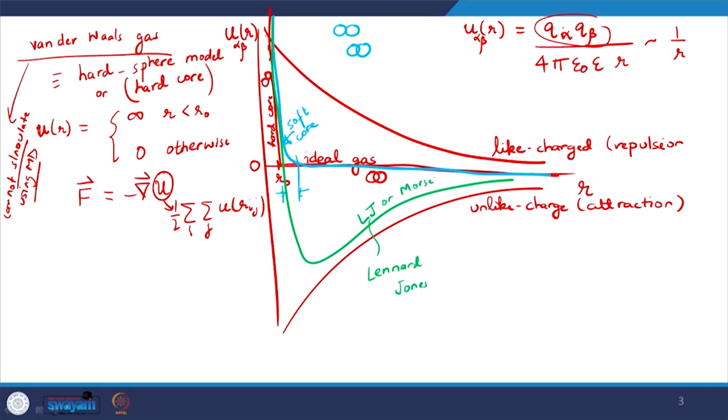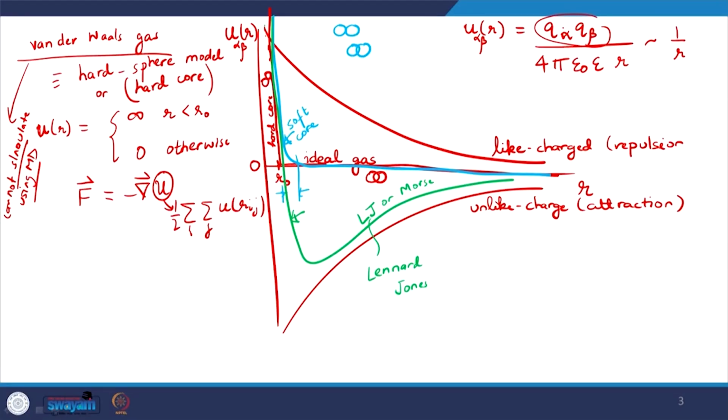They have slightly different mathematical forms, but one thing that is common in both of them is they still have no overlap. The particles cannot overlap, but they have some short range attraction, just like water molecules. Two water molecules cannot overlap, but at shorter distances they can form hydrogen bonding. So, it starts from almost infinity at very small values of r, then goes negative.